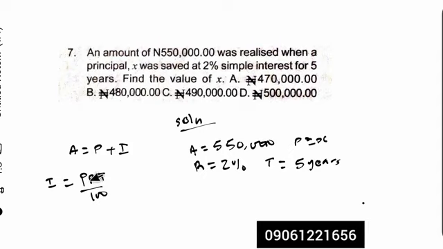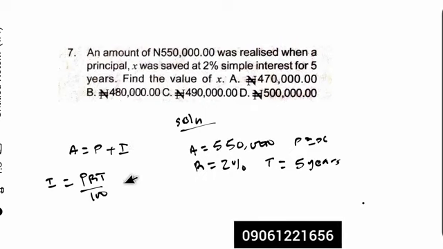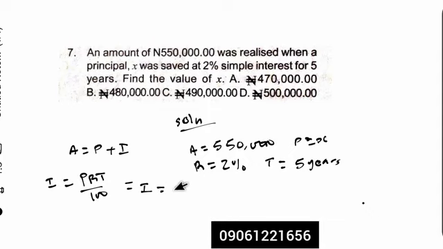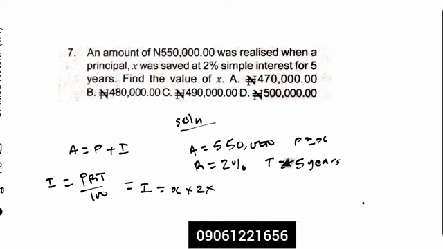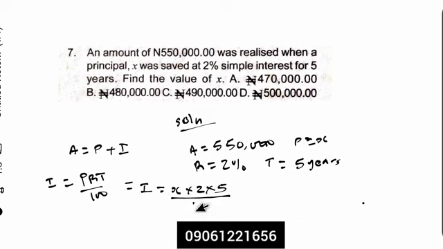Let's first solve for the interest and put it into the amount formula. The interest is equal to S multiplied by 2 multiplied by 5, everything divided by 100.